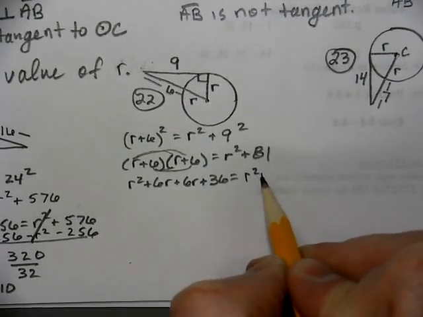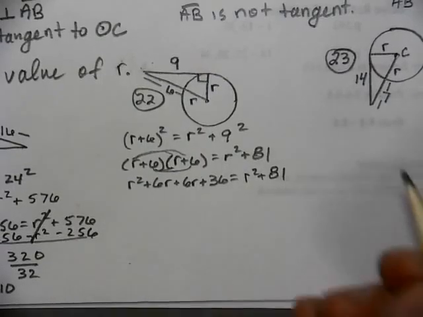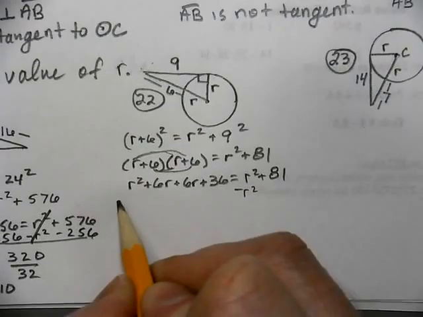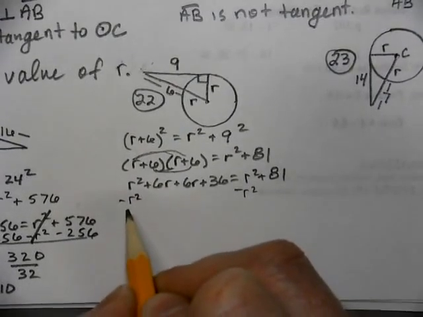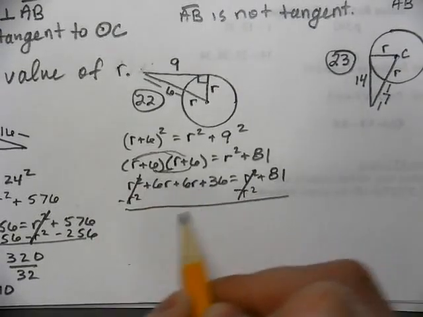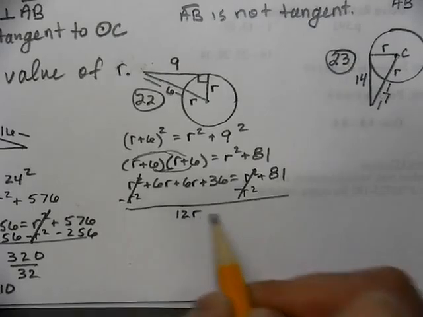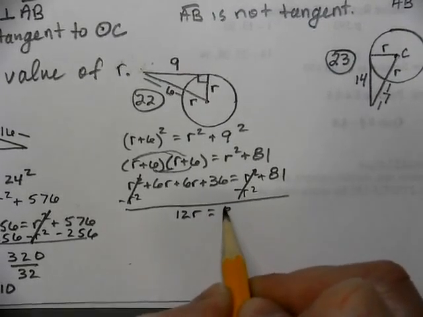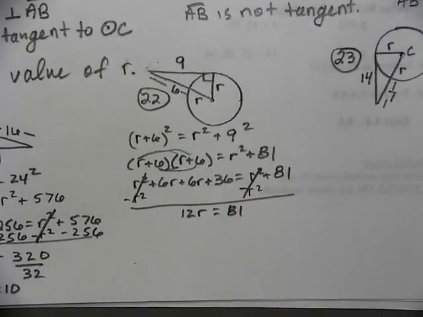This is r squared plus 81. Well, we're going to subtract the r squareds. The two 6's add together to be 12r. Then we're going to take our 81 and we're going to divide that by the 12.